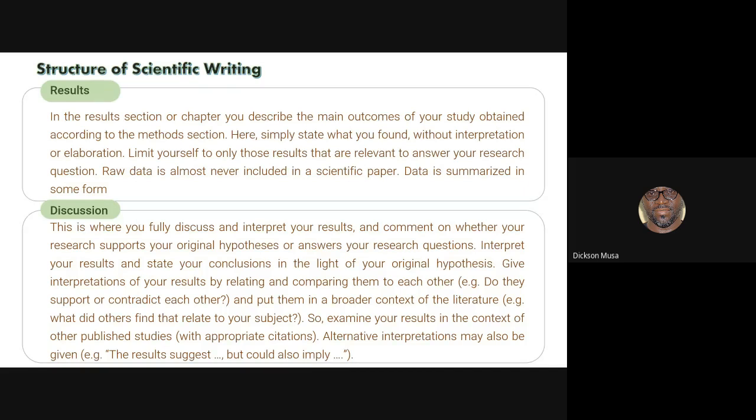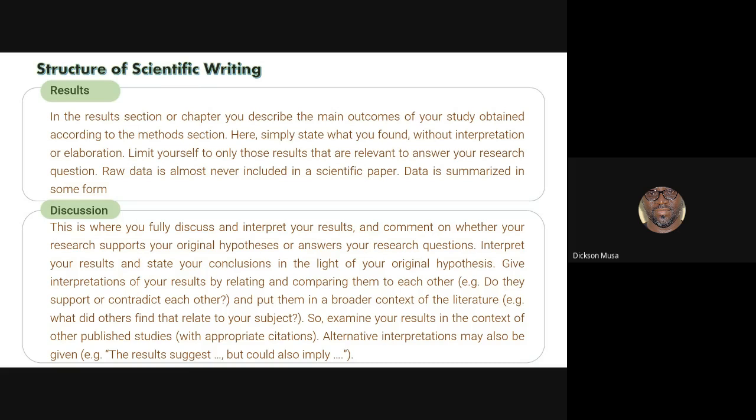If you work and you find out your bread is soft, is it all the pans that the bread are soft? You have to relate them to one another. If some are soft, some are not very soft, you compare them, you contrast, and you report how the evidence you have gathered supports your original hypothesis or how it contradicts it.